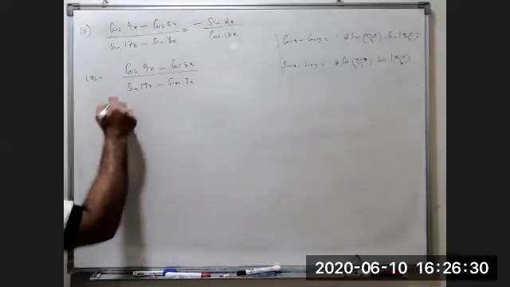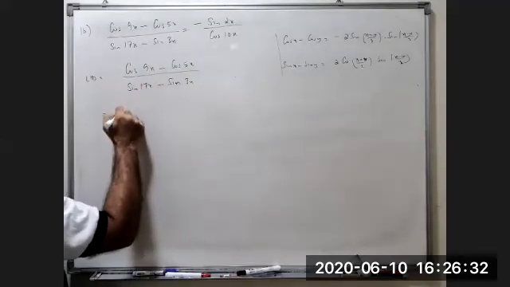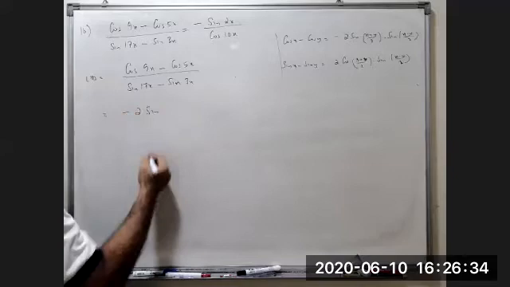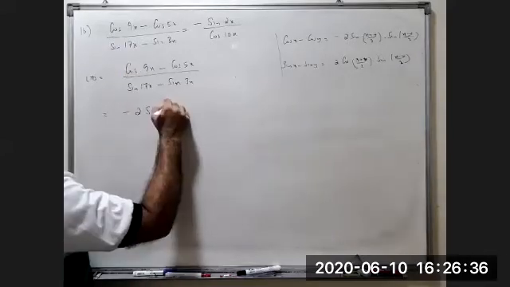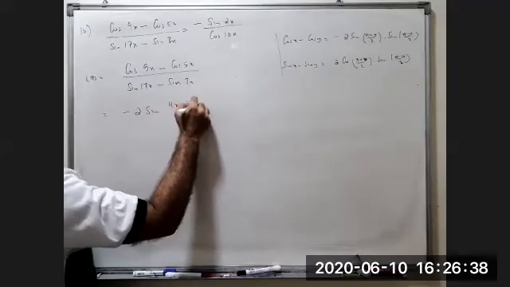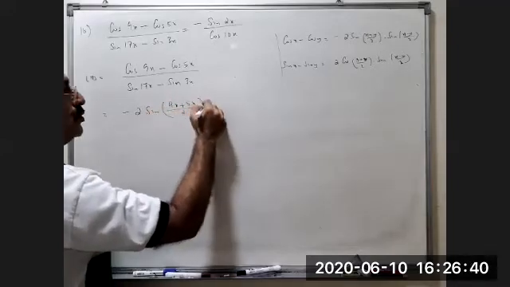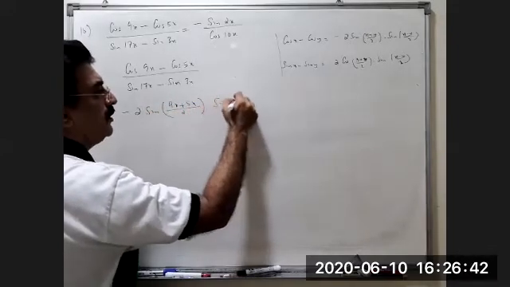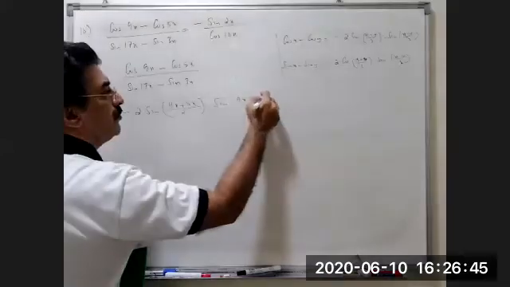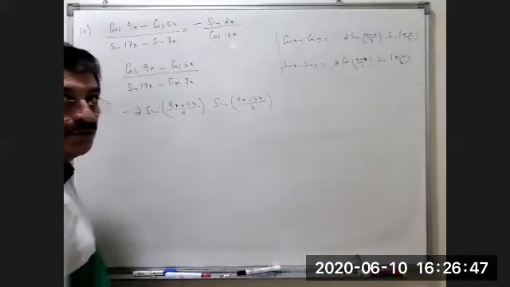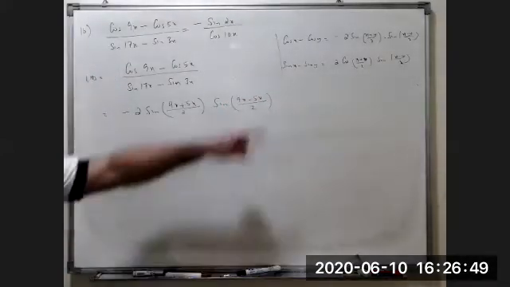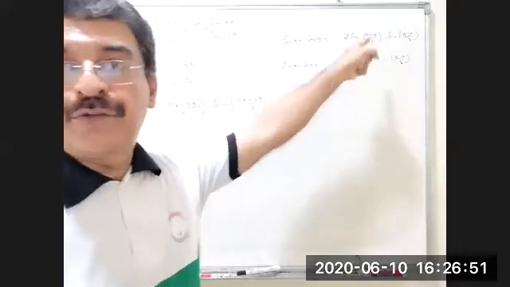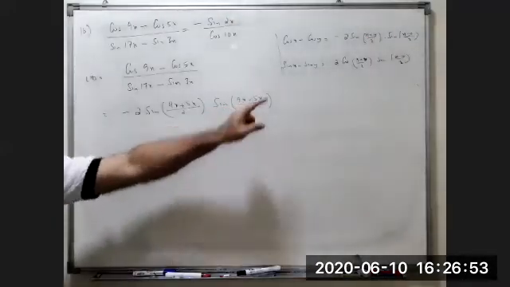Using it, cos 9x minus cos 5x becomes minus 2 sin of 9x plus 5x by 2 into sin of 9x minus 5x by 2.